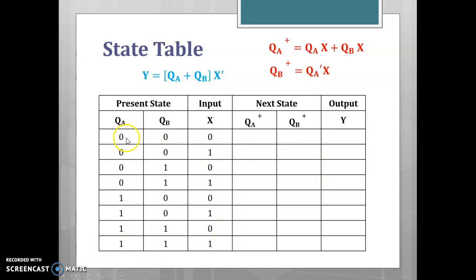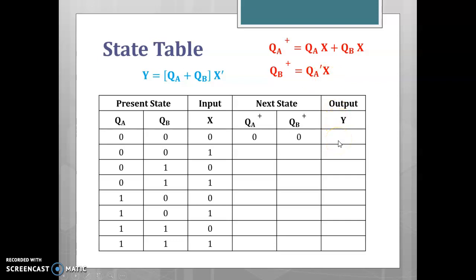We'll consider the first case: QA 0, QB 0 and X equal to 0. QA plus is 0 and 0, which is 0, and again 0 and 0 is 0, so 0 or 0 is 0. So QA plus is 0. Coming to QB plus, it is QA bar, which is 1, and 0. So 1 and 0 is again 0.